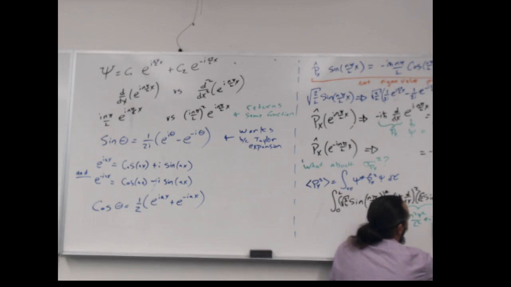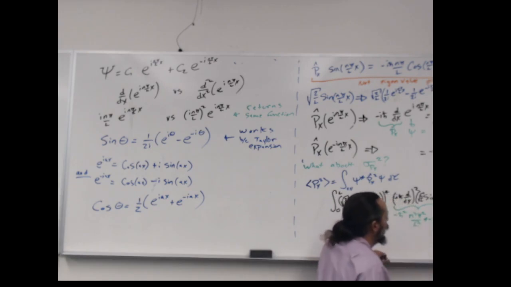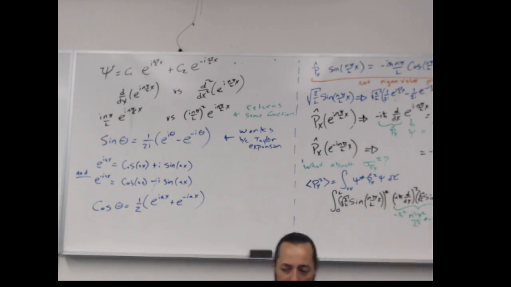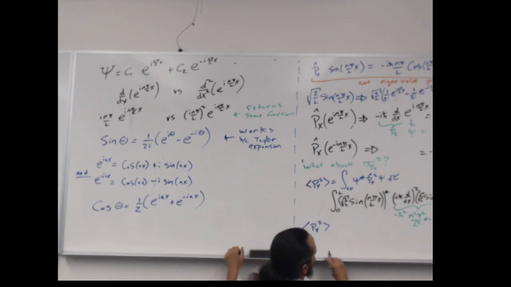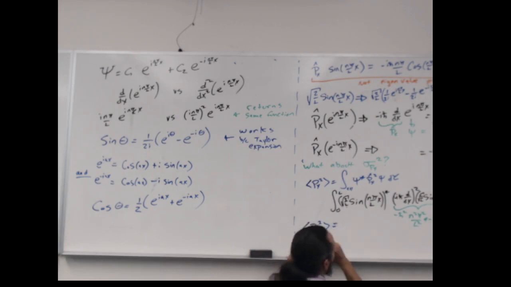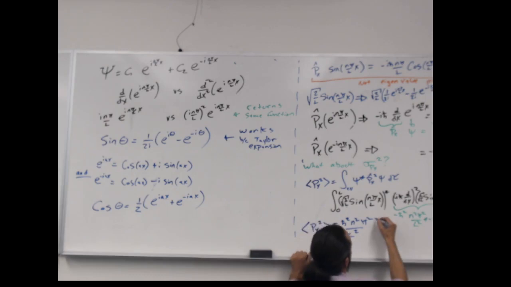So I'm going to get times negative root 2 over L sine n pi over L x. The negatives cancel out, that's great. This is going to get me to, now this is where it is going to be nice, and I made a funny choice here: h bar squared n squared pi squared over L squared, integral psi star psi dx.